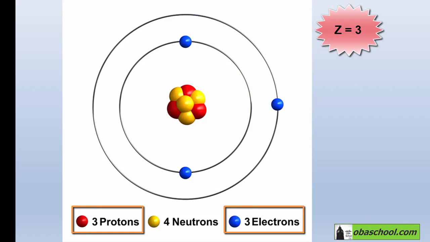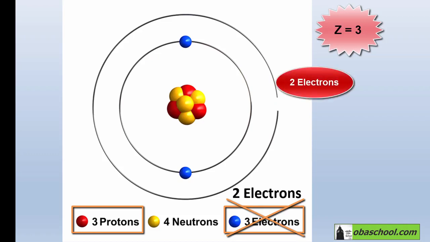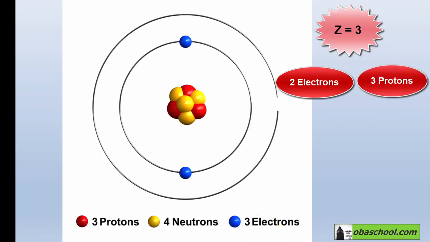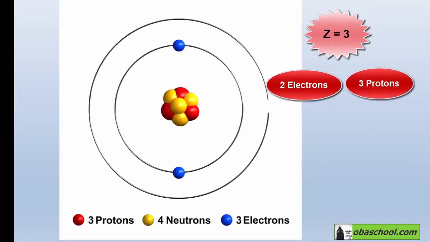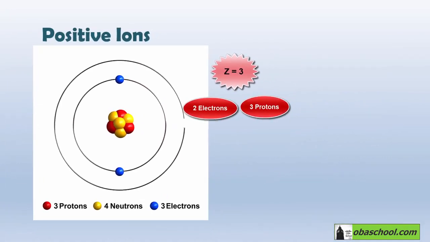This atom will lose 1 electron, and thus it will have 2 electrons, and thus the lithium ion will have 2 electrons only. However, the number of protons will not change, and thus the lithium ion will have 3 protons also as the lithium atom.